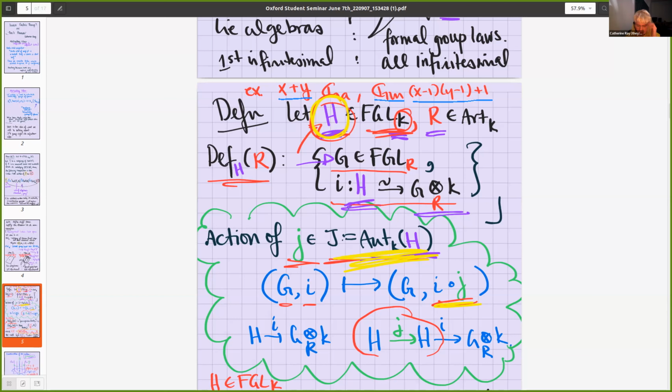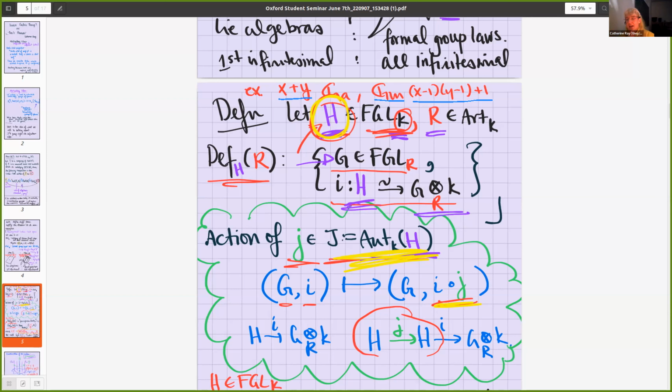So I guess the reason I'm thinking this might be the case is that you can always construct a formal group law. If you take an invertible power series in one variable, let's call it h, then we can take h of x plus, and this is the actual plus, h of y, and then take the compositional inverse of that, h inverse of that whole thing.